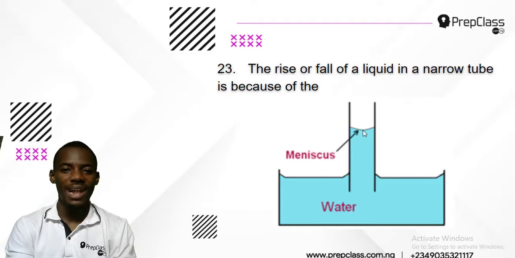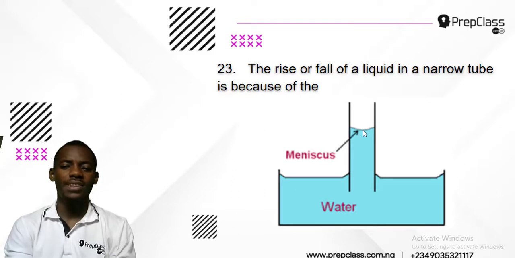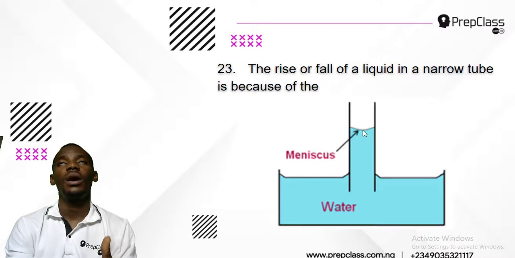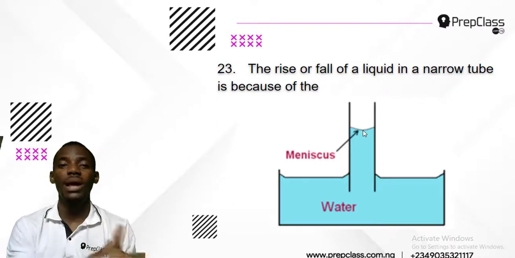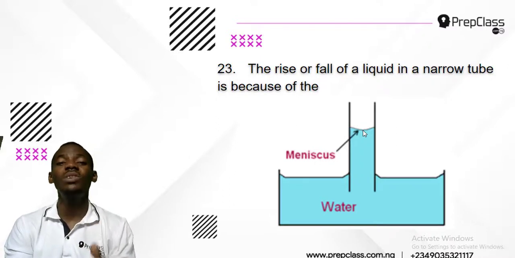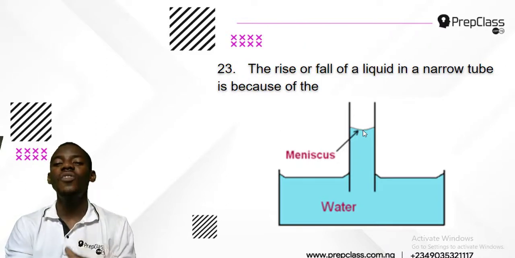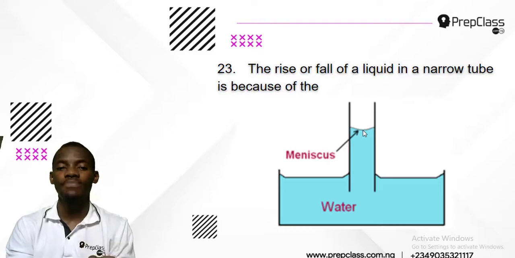You know that water wets glass, but mercury does not, right? So you can suck water easily because water wets glass, and that is caused by the force of adhesion between water molecules and the glass molecules, which is a function of surface tension. The surface tension of water is lower because water can wet glass. So if you suck that water, it will rise.